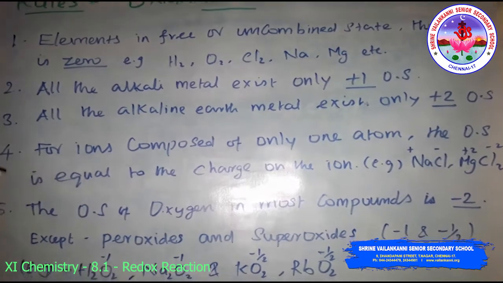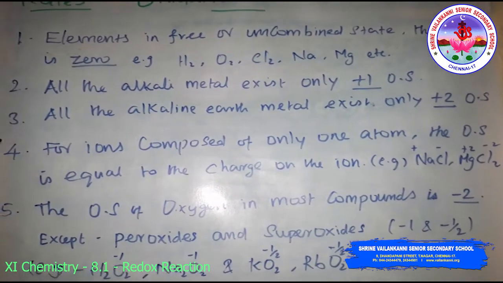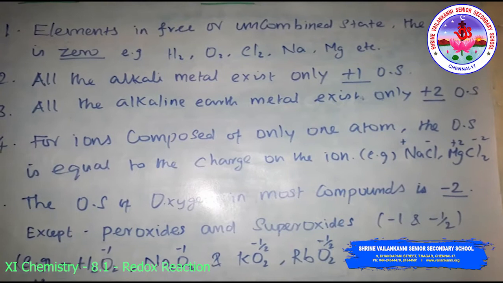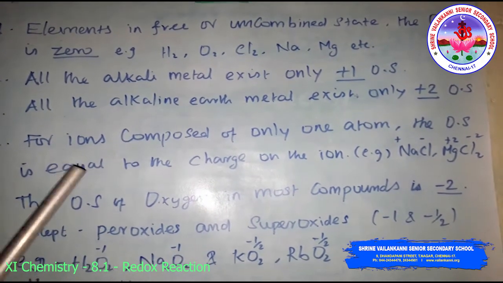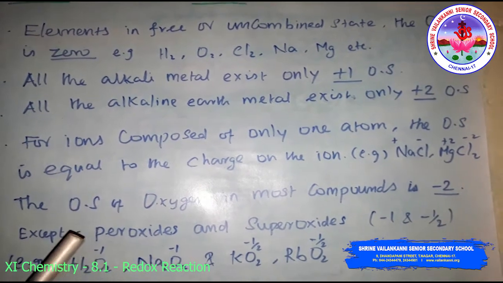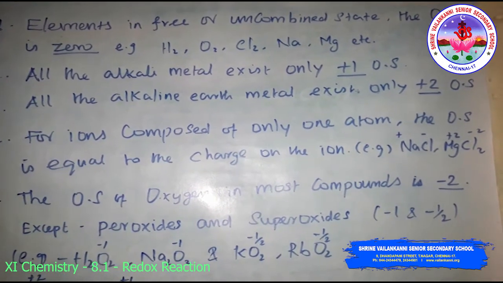Then second, all the alkali metals exist only in the +1 oxidation state. They never exist in any other oxidation state. Similarly, all the alkaline earth metals exist only in the +2 oxidation state. They never exist in any other oxidation state.